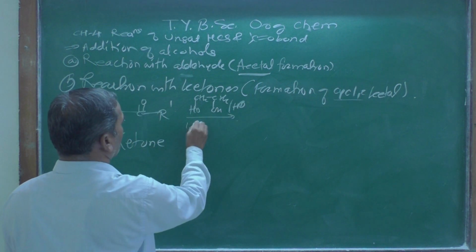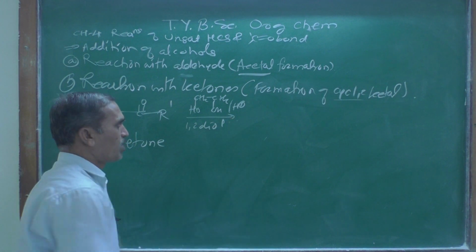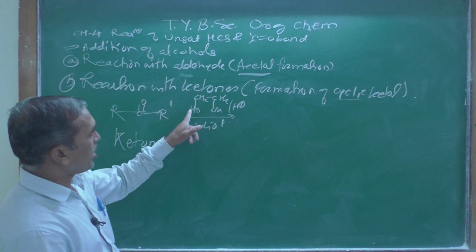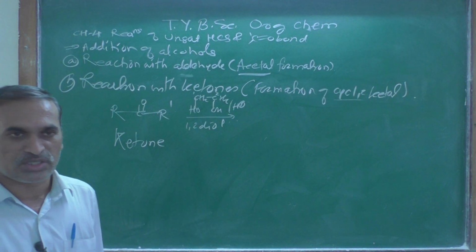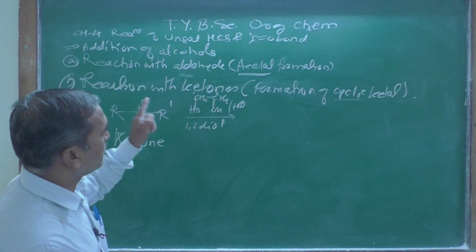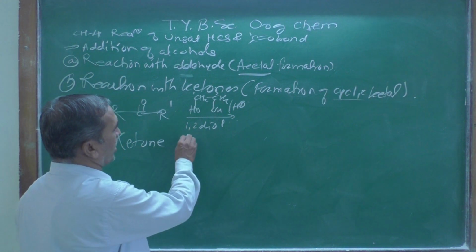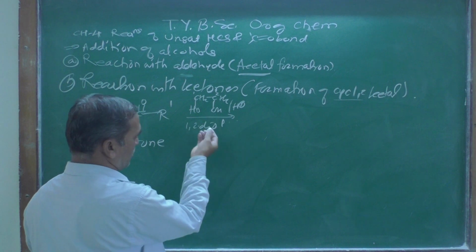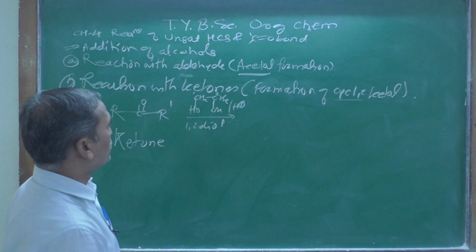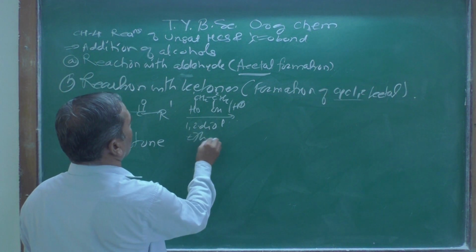This is called a 1,2 diol, because at the 1 and 2 positions there is a hydroxy group. Therefore it is known as 1,2 diol ethane, or ethane-1,2-diol.